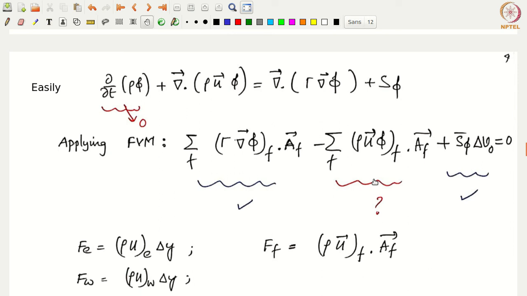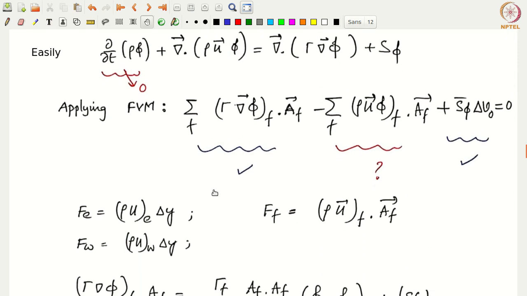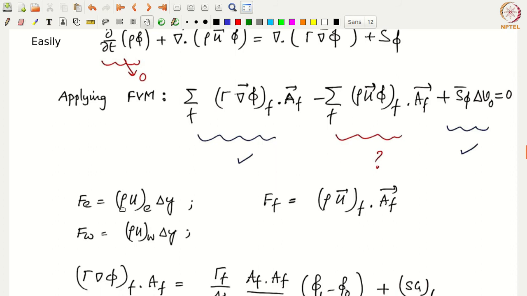Remember, for the structured meshes we defined for the east face, west face and so on, we clubbed rho u bar and A_f bar together. We call that a flow rate, because it is density times velocity times the scalar area. So rho u e delta y, we defined as Fe, the mass flow rate through the east face.